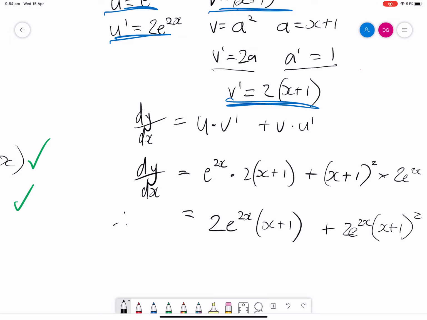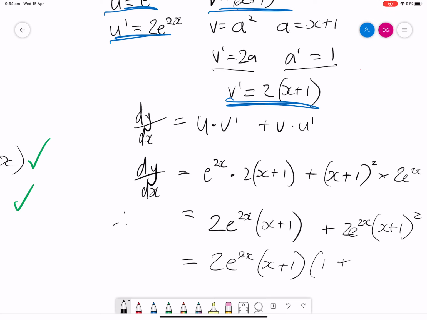Okay, now if we look at this, we've got a common factor between both of those terms, okay? And that is 2e to the 2x times x plus 1. That's a common factor with both of those terms. Now, to put in the other factor for each of those terms, the paired factor with the first term is 1, okay?